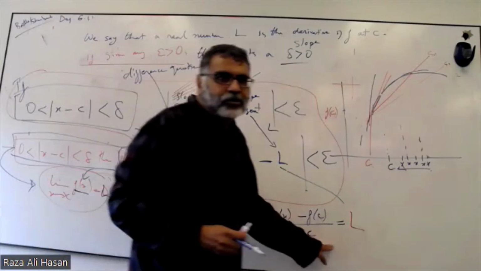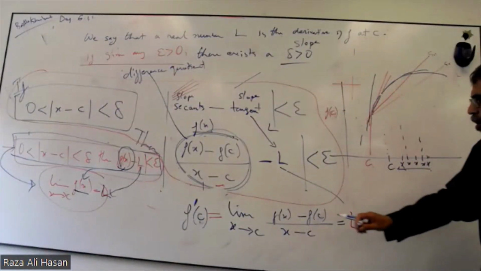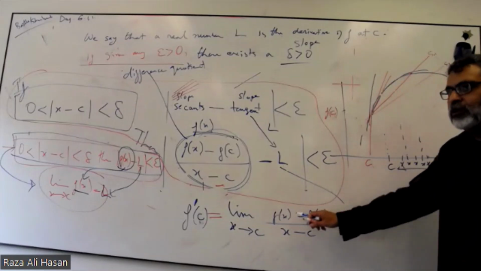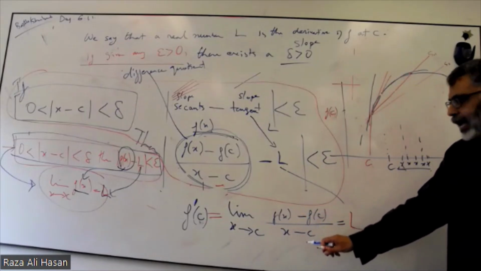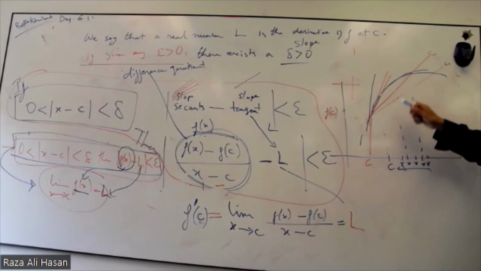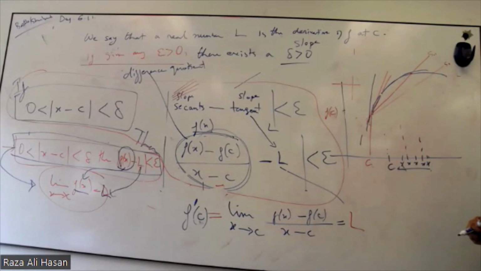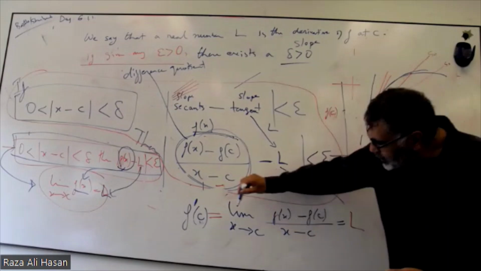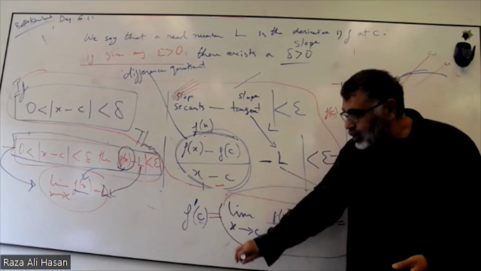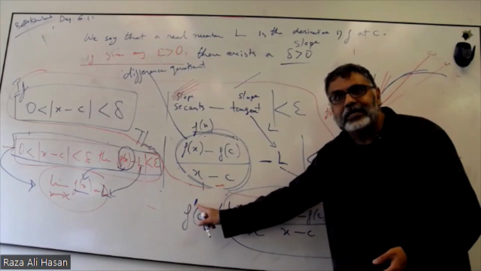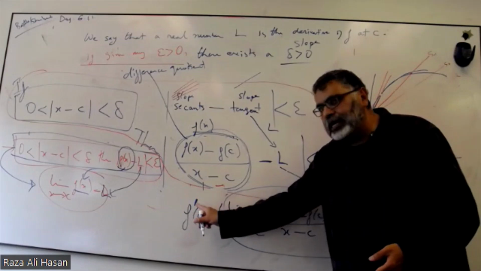This thing is the difference quotient, and that is all the slopes. This is all the slopes of the secant lines as these lines get closer and closer to the non-existent tangent. You got that? So what is the derivative? This thing is the derivative. And the notation for that is you put an f and you put an apostrophe there.